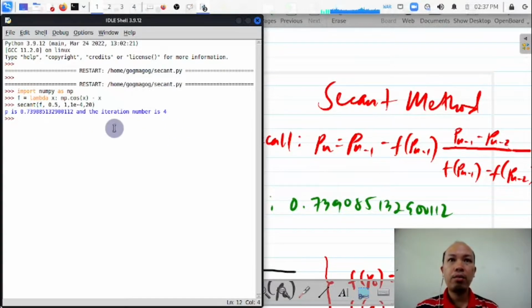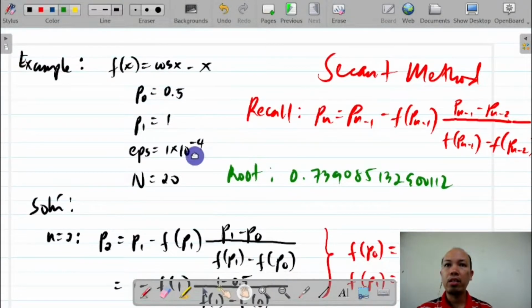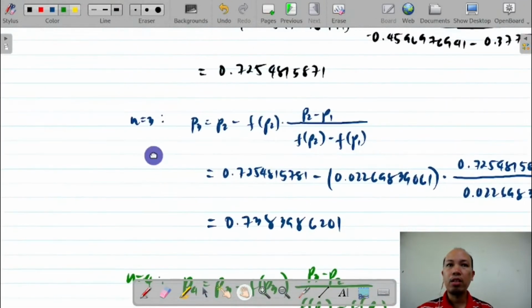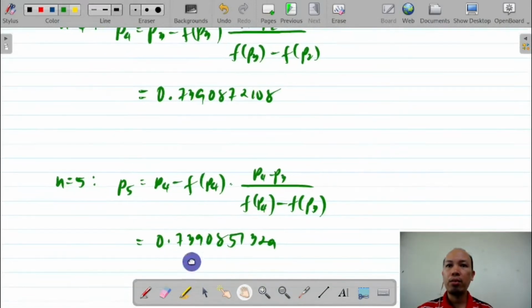So we have here 4 iterations, and exactly the root is 0.739085132900112. Okay, so that's for our computations in the open board. So after this is 1, 2, 3, 4. There are 4 iterations.